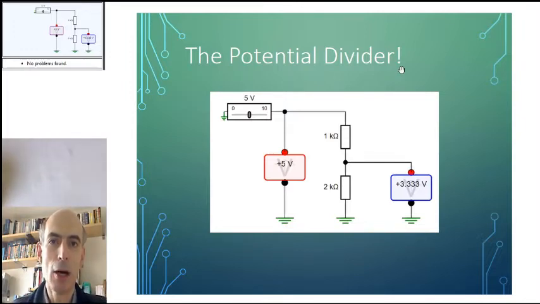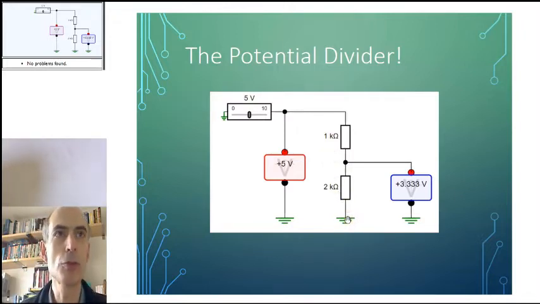So, what is a potential divider and what does it do? Well, it is a series of two resistors connected together like this. There is a potential, in this case about 5 volts, put into the top of the potential divider here. The bottom of the potential divider, in this case, is connected to ground, 0 volts.